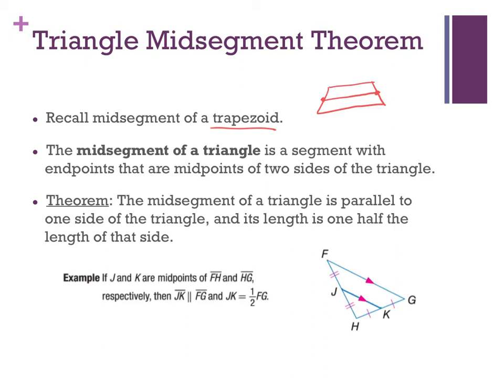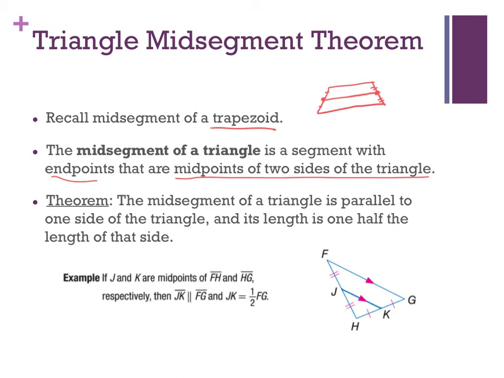It is a line that intersects the sides at their midpoints. For triangles, it's the exact same thing. The midsegment of a triangle is the segment where the endpoints are the midpoints of the two sides. The theorem then states two things.